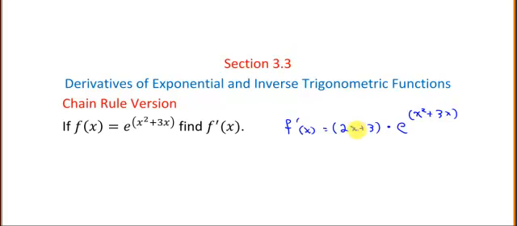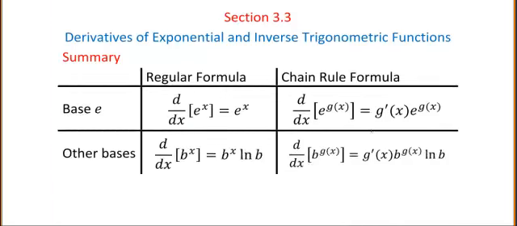The derivative of the exponent times the original exponential function. Notice that lots of students would tend to leave out these parentheses, but of course, if that's the case, then you're just multiplying this exponential function by 3 rather than the entire derivative of that exponent. And this is how you differentiate exponential functions.